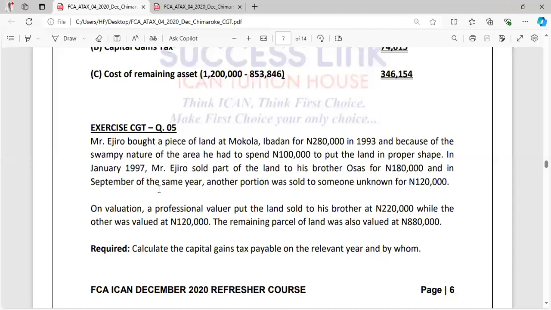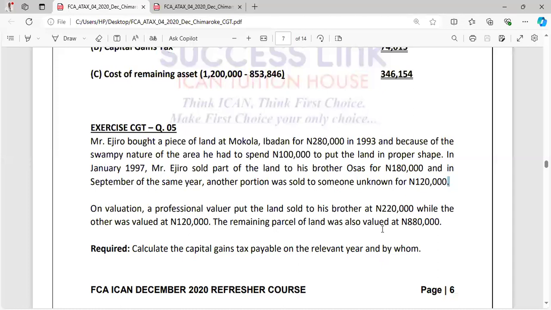So in this case now, on valuation, a professional valuer puts the land sold to his brother at 220. So instead of 180, the tax people will take 220. The other one, the one that was sold to an unknown person, was valued at 120, and it was sold at 120.